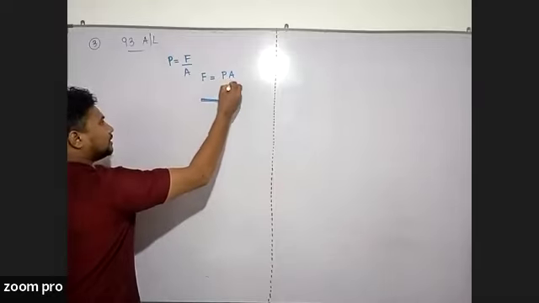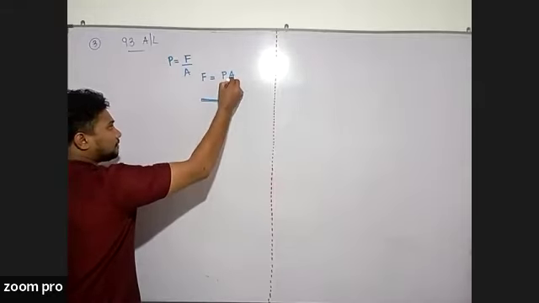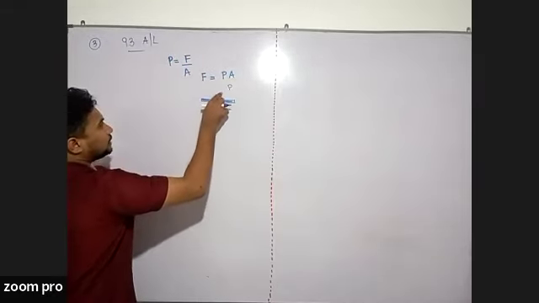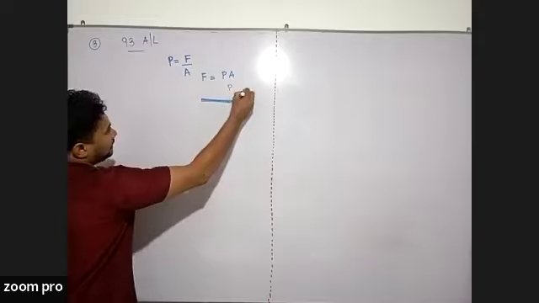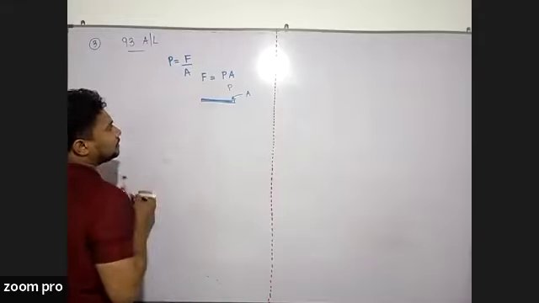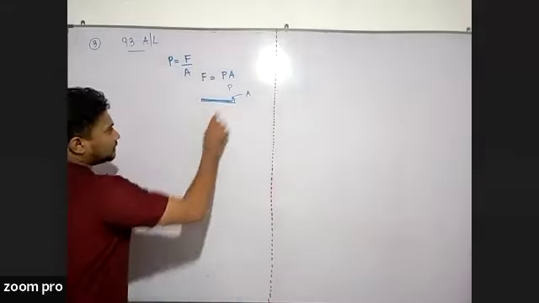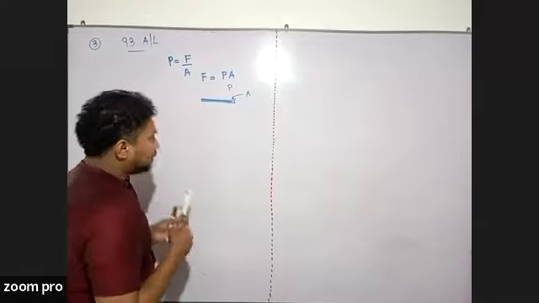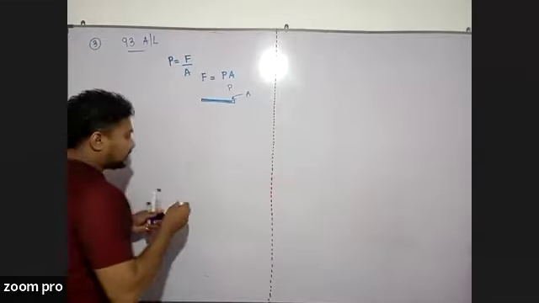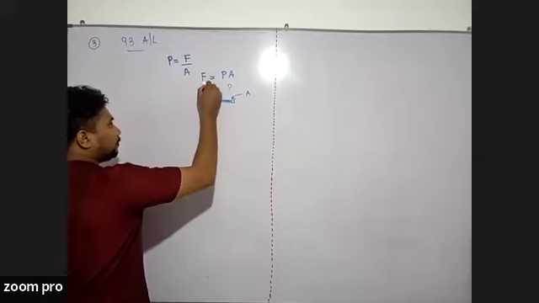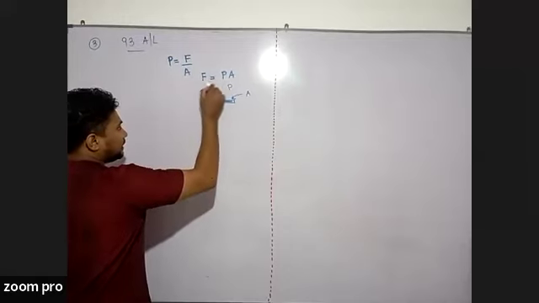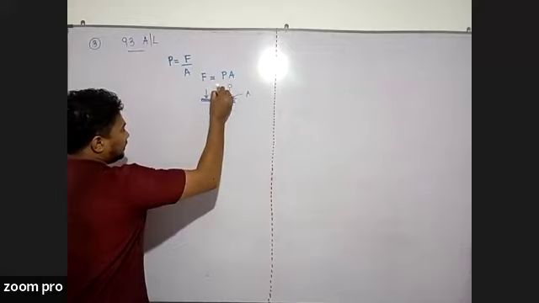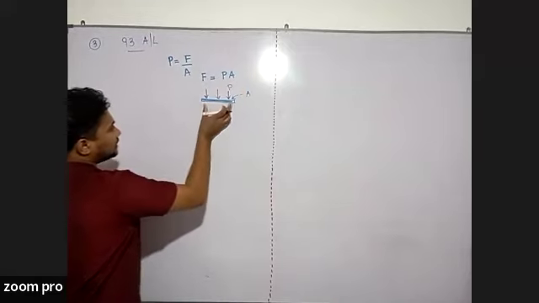Let's assume the air pressure above the lid is P and the area of this surface is A. Then we can obtain an expression for the force exerted by this air column on the surface.